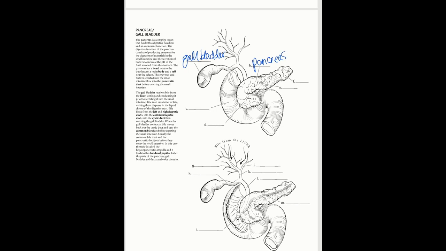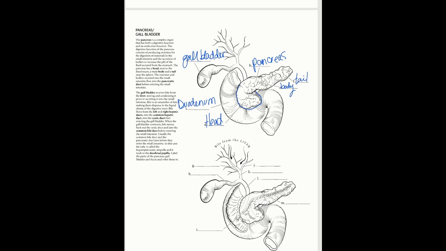And then C is going to be our duodenum. Now, pancreatic anatomy here is pretty simple. The portion that rests within the duodenum is the head. We then go from the head to the body, and it tapers off into the tail.